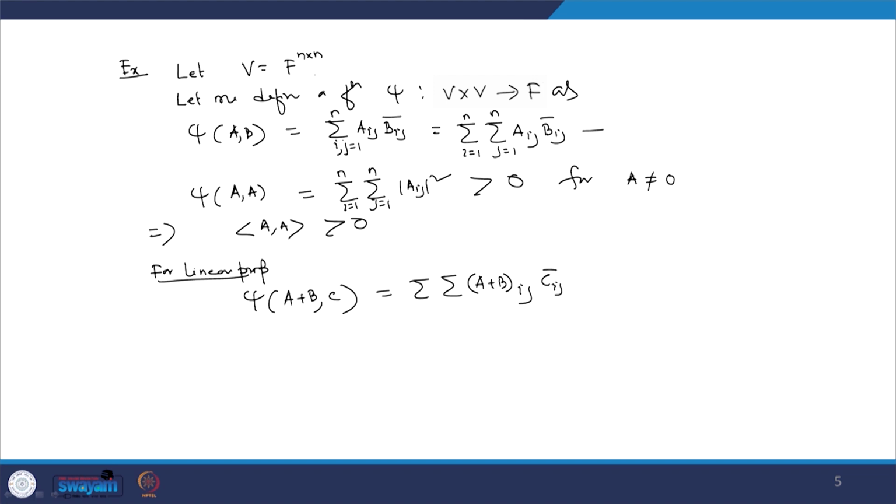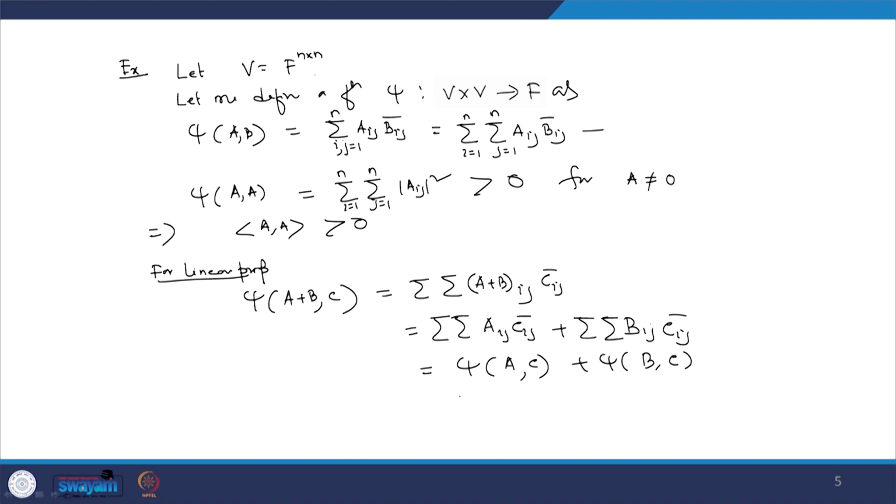So, this is equal to sigma sigma A_ij C_ij bar plus sigma sigma B_ij and C_ij bar. So this implies psi of A plus B comma C equals psi of AC plus psi of BC, that is the inner product of AC plus the inner product of BC. So, the inner product of A plus B comma C is equal to the inner product of A comma C plus the inner product of B comma C.